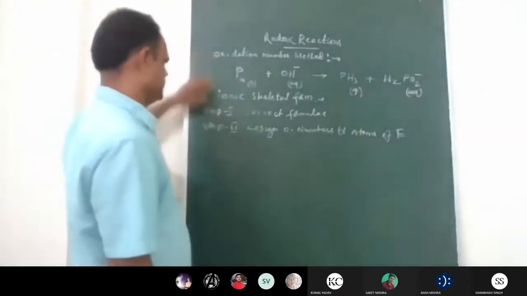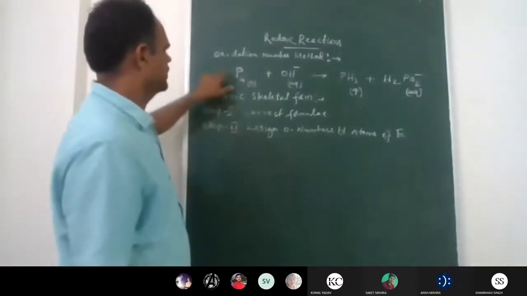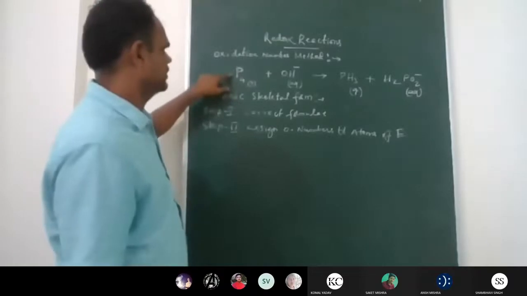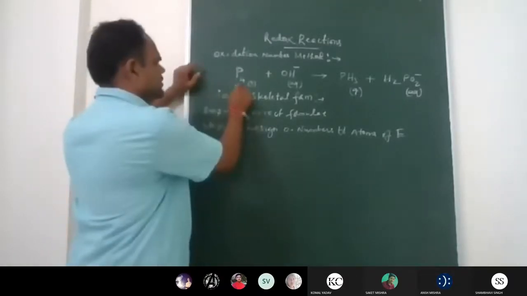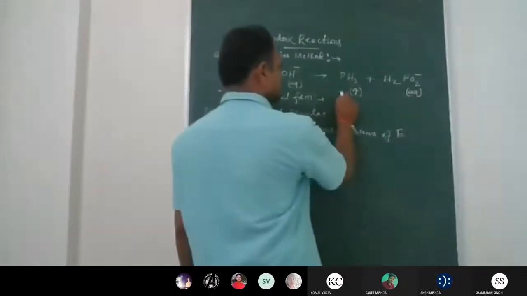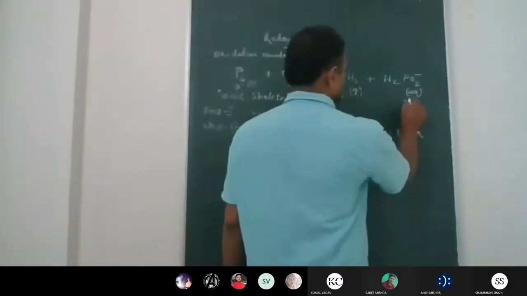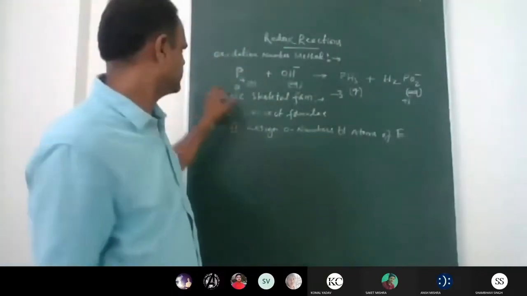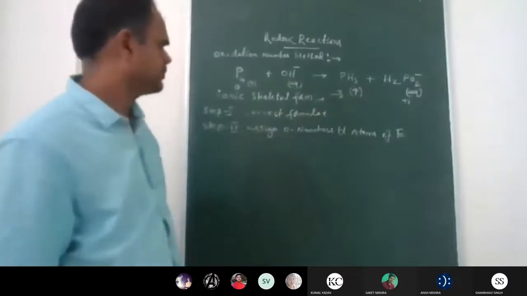In step 2, phosphorus, as you know, has oxidation state 0 since it is in elemental form, here it is -3, and there it is +1.